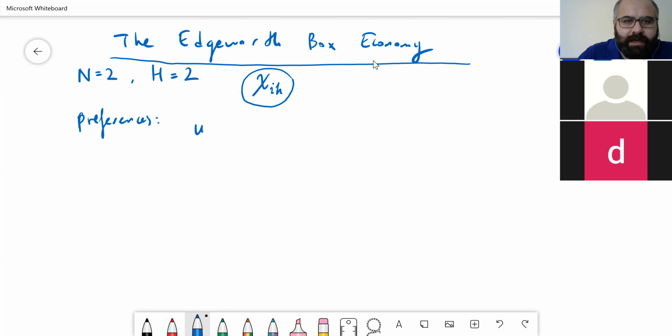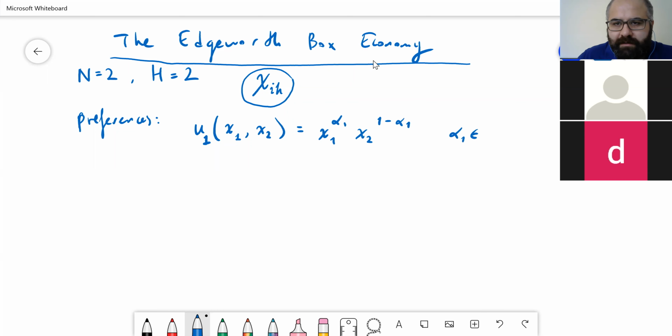Let's start with preferences. So we have the utility function of the first consumer. This is defined in this way. There are two goods: x1 to the power alpha 1, x2 to the power 1 minus alpha 1.